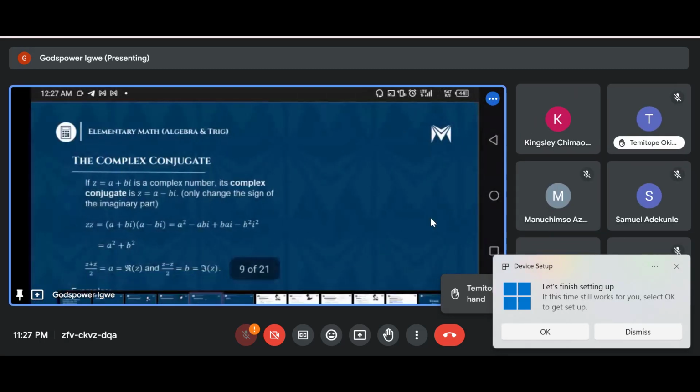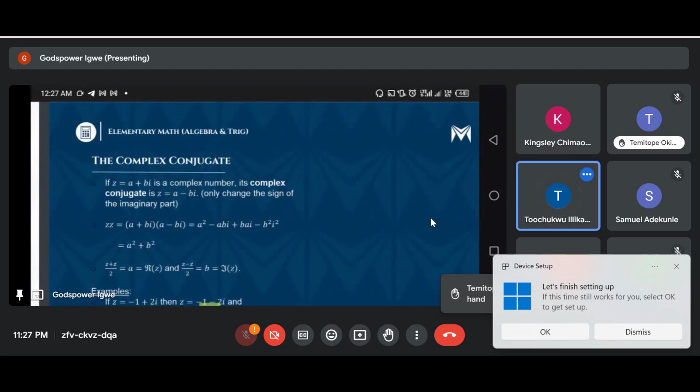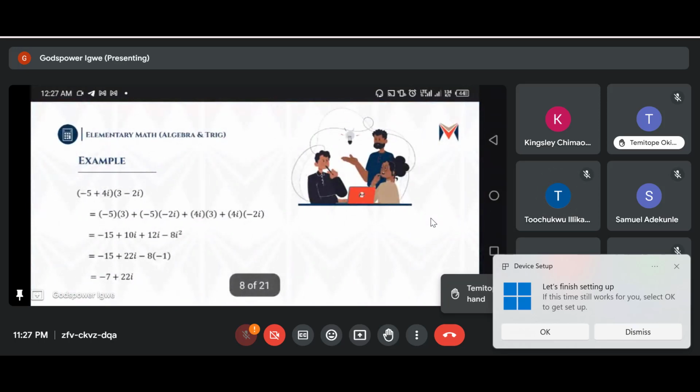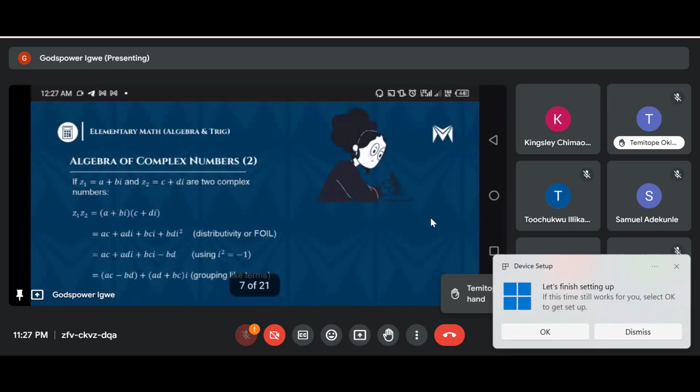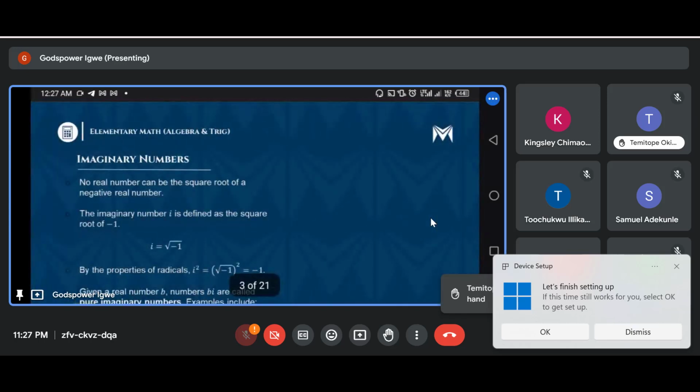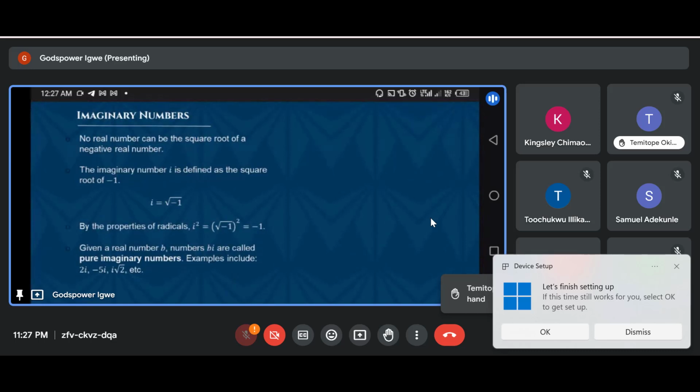Yes, it's part of it. Polynomial is simple anyway, but it will take a little bit of time.